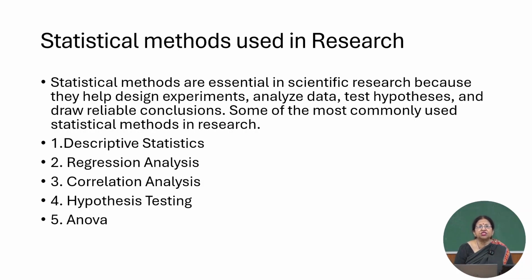In scientific research, there is not much scope for surveys and focus groups. Here we have descriptive statistics, regression analysis, correlation analysis, testing of hypothesis, and ANOVA. So we will primarily restrict ourselves to these.